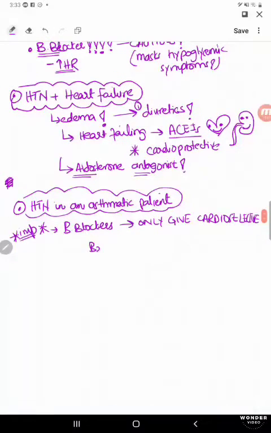Because we have beta 2 receptors in our airways, and if we don't give cardio selective beta blockers, and if those beta blockers act on beta 2 receptors, there will be vasospasm and that would cause an asthma attack.